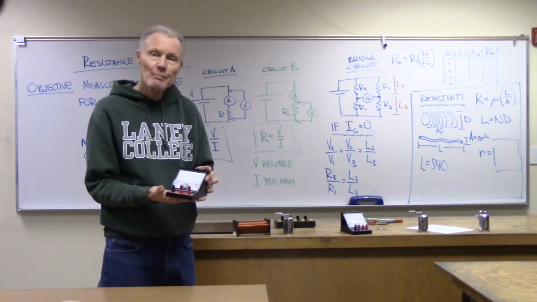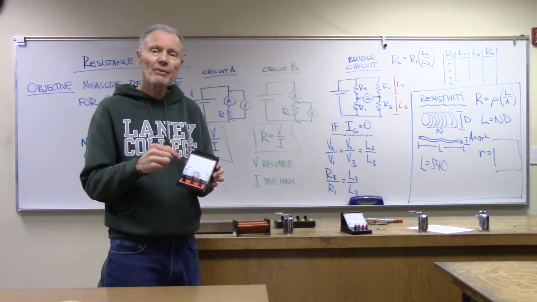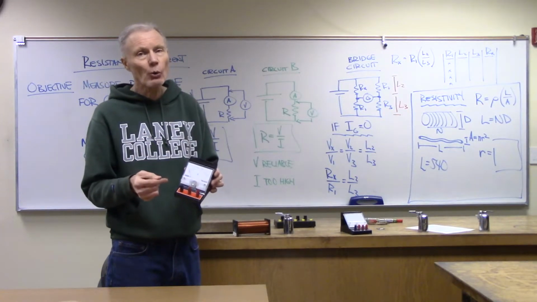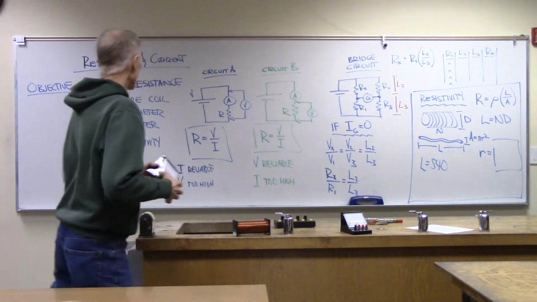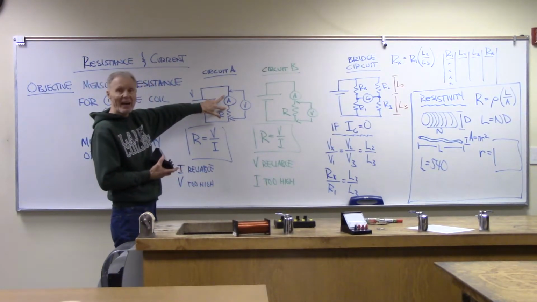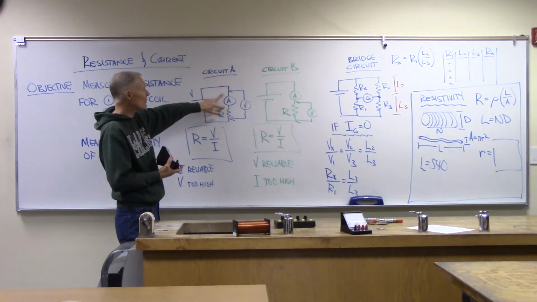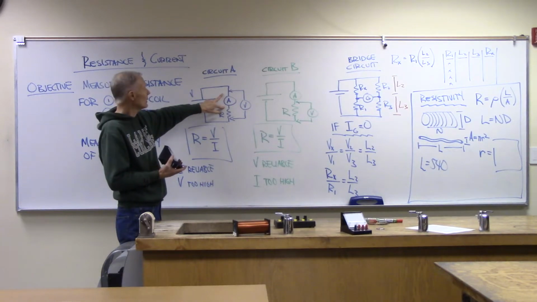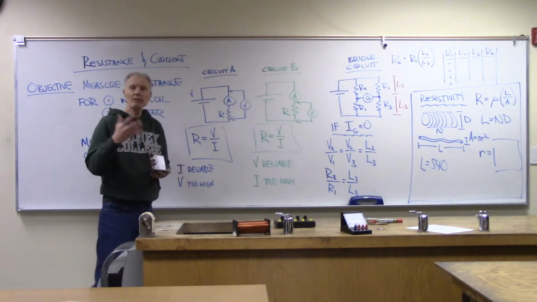Now, here's the idea behind building an ammeter and a voltmeter. If I'm building an ammeter, I want it to have very, very low resistance. The idea is for an ammeter, I don't want the ammeter adding to the resistance in this circuit. So in order to make the effect of an ammeter small, I give it a little bit of resistance.